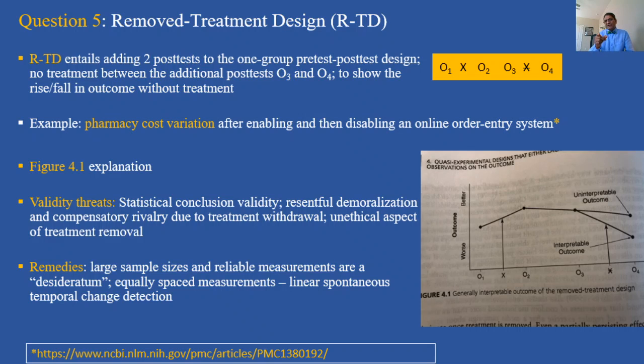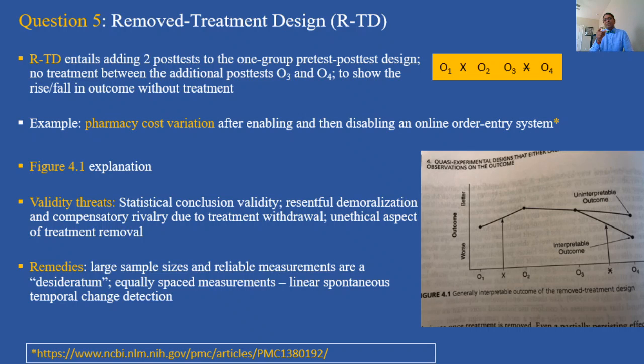which is towards the better. Now, as we move along the x-axis, the effect of the treatment is expected to wear off, which is a natural reduction in the effect. And that will lead to the O3 measurement, which will be lower on the y-axis than O2 because of the wearing off effect. Now, the next part of the hypothesis is where the treatment was supposed to be given, the next X, which is crossed off.